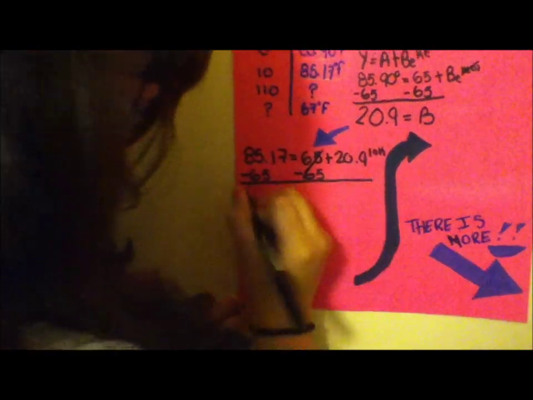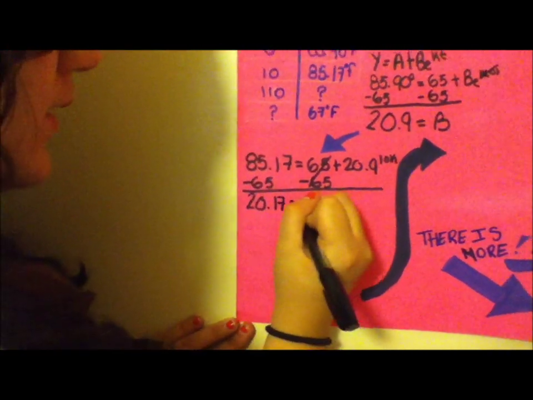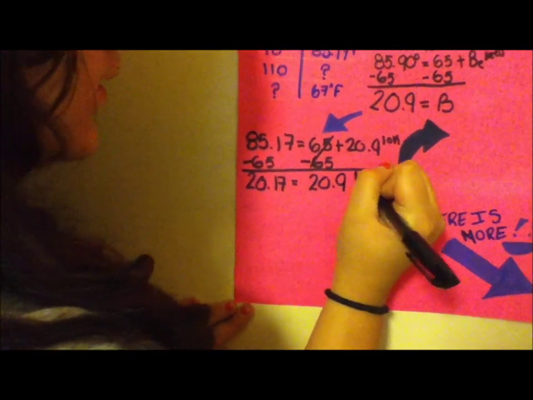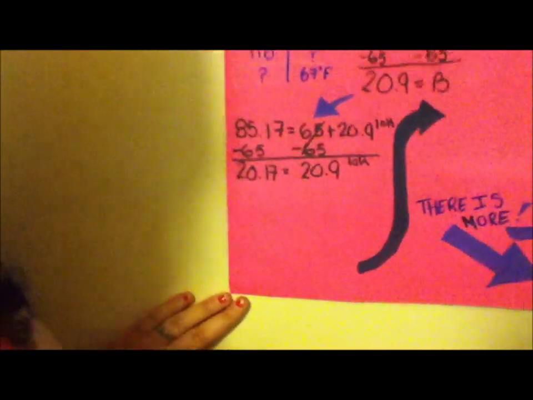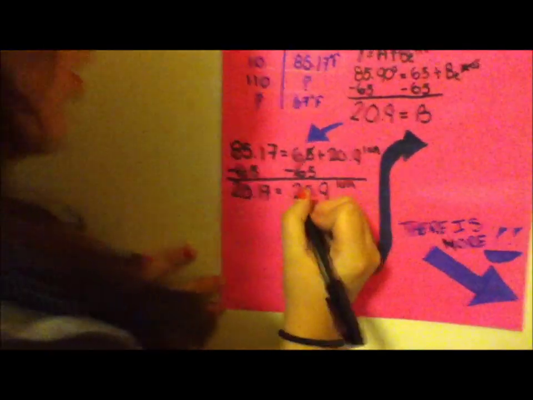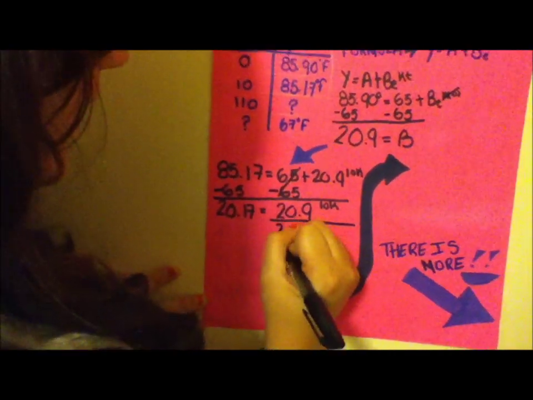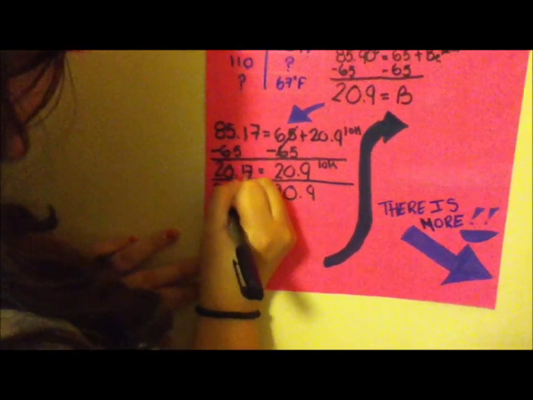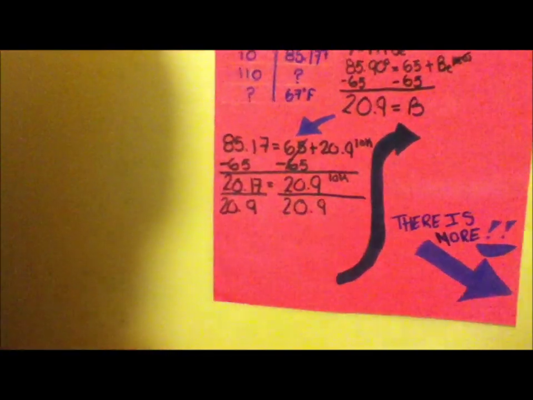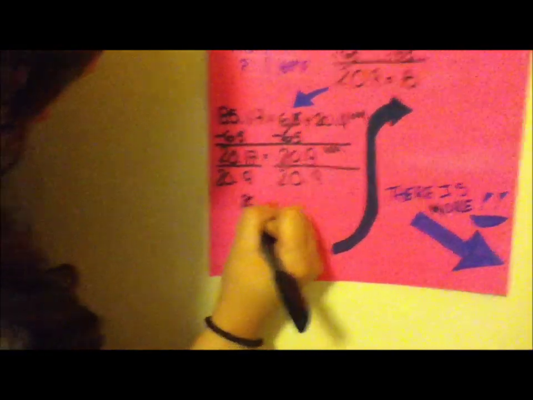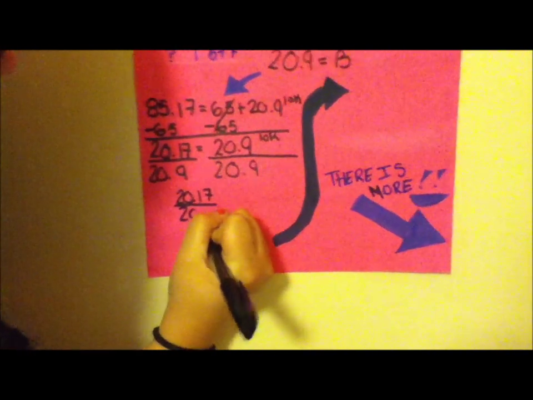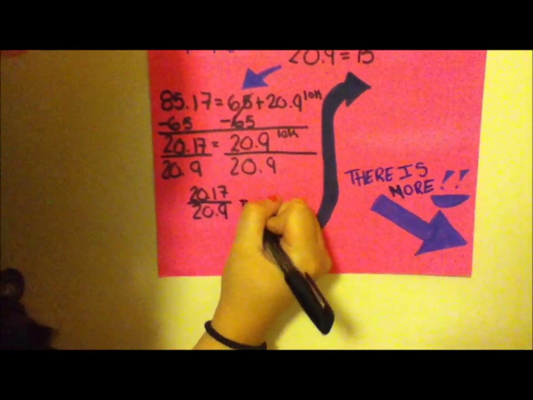This dies, and we're left with 20.17 equals 20.9 e to the 10K. To leave e to the 10K alone, we divide by 20.9, and we're left with 20.17 divided by 20.9 equals e to the 10K.